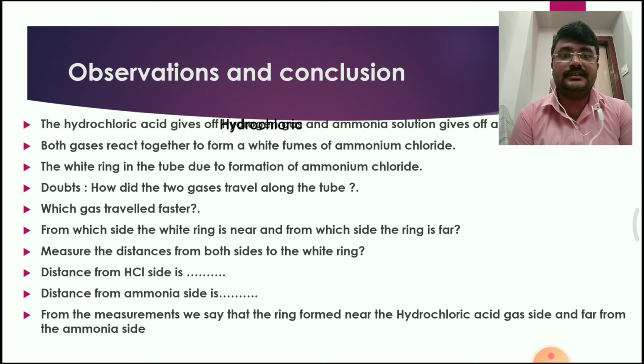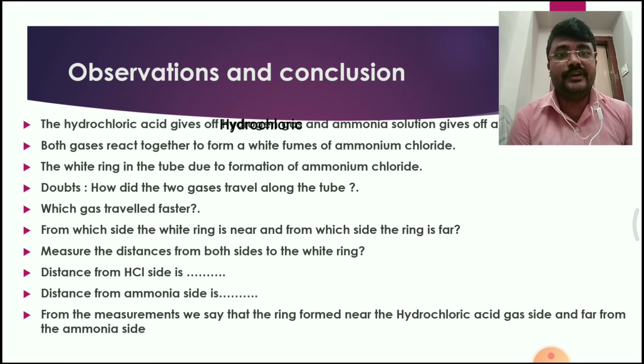With these distances, we can easily conclude that the ring is near the hydrochloric acid gas side, which means hydrochloric acid gas traveled slower and ammonia gas traveled faster. In the same time, hydrochloric acid gas travels slower than ammonia gas.